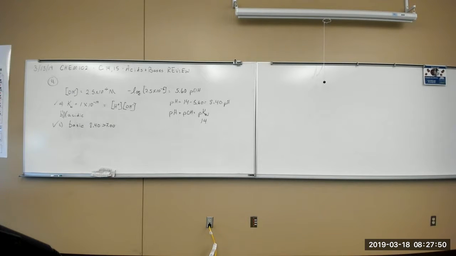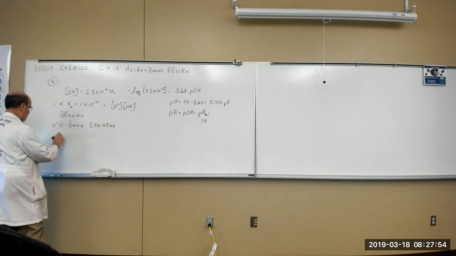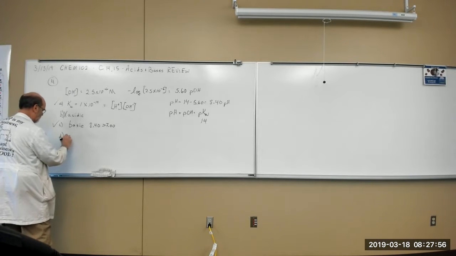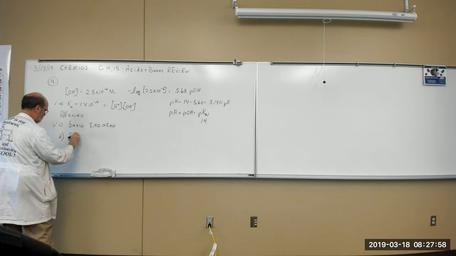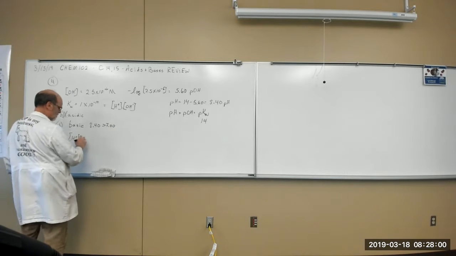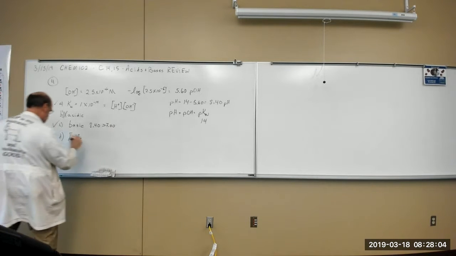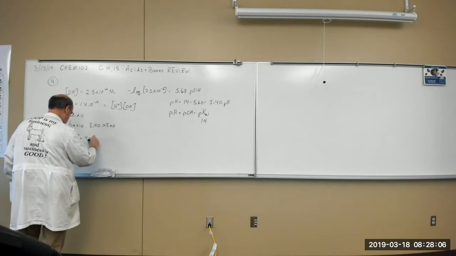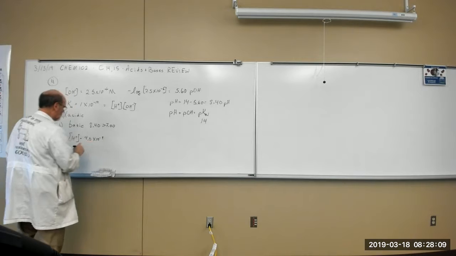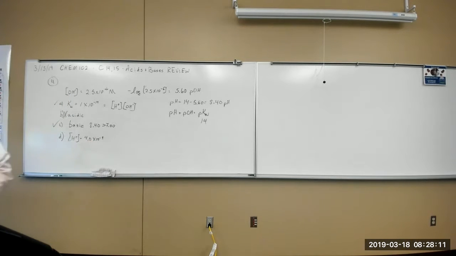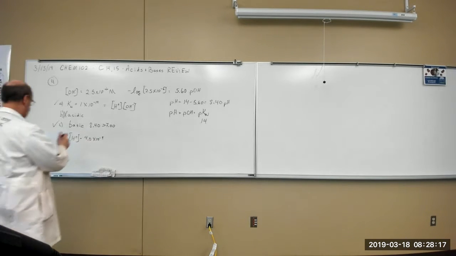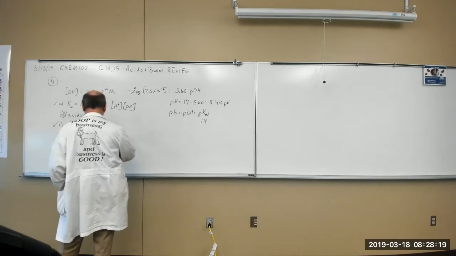D, the hydrogen ion concentration is 4 times 10 to the minus 9. You take the anti-log of the negative of 8.4.